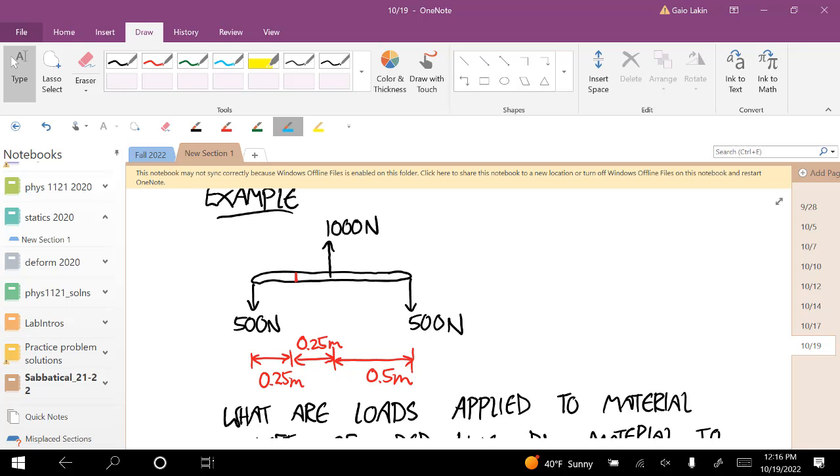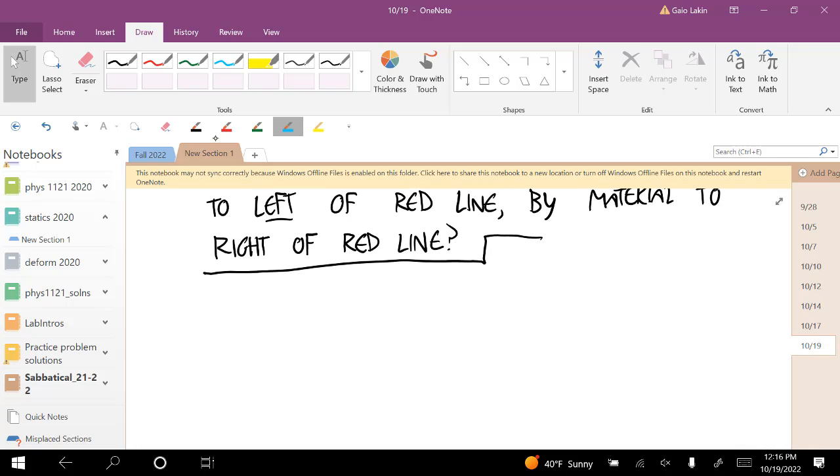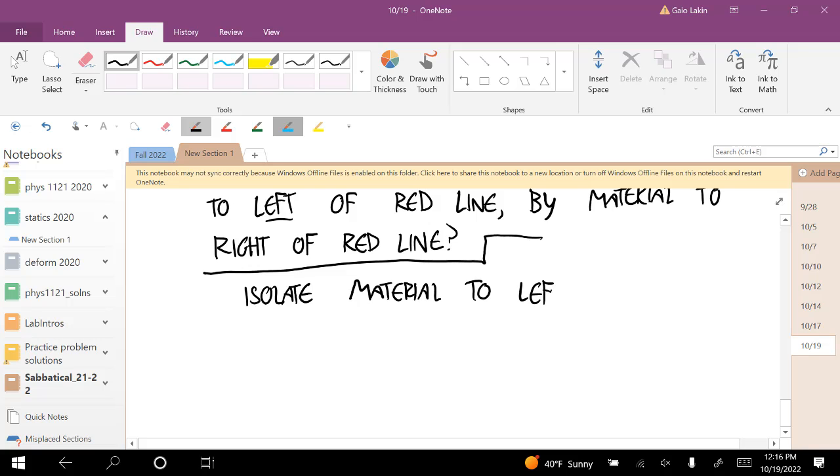And then all of the forces and couples that are applied at the red line by the stuff on the right are now external loads to what I'm considering, okay? So my free body diagram, I'm going to isolate the material to the left of the red line.